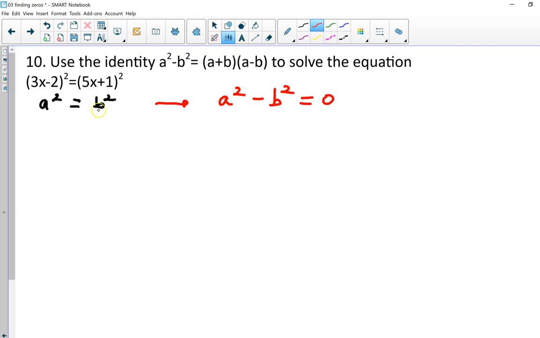So what about this other problem? The problem that they give me is 3x minus 2 squared is equal to 5x plus 1 squared. So the first thing they want me to do is subtract, just like I did beforehand.